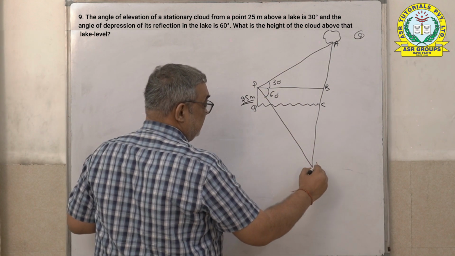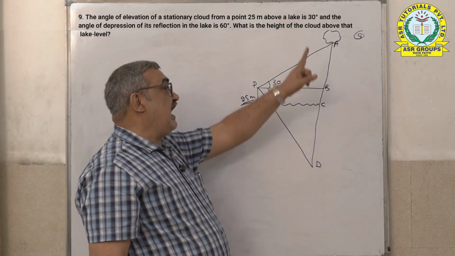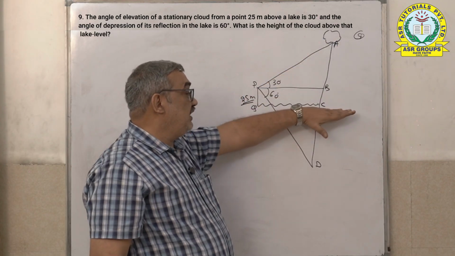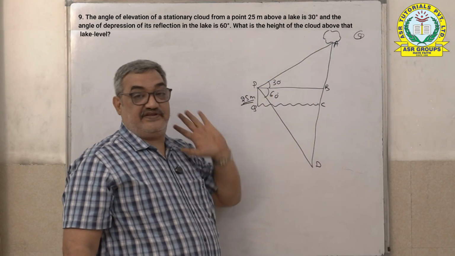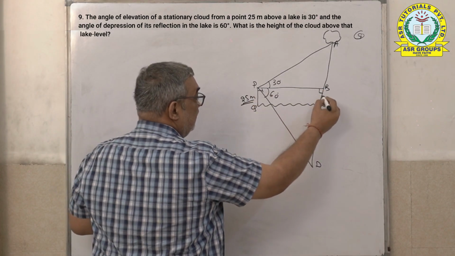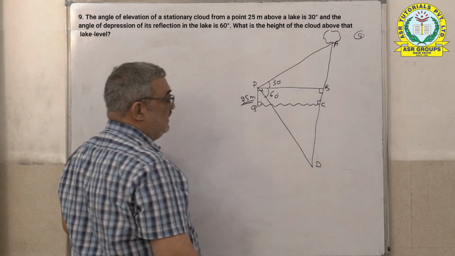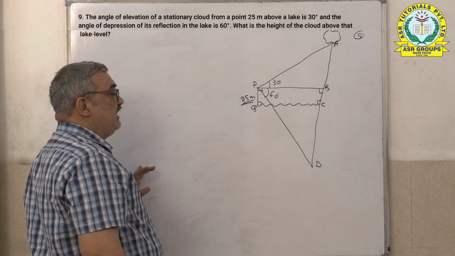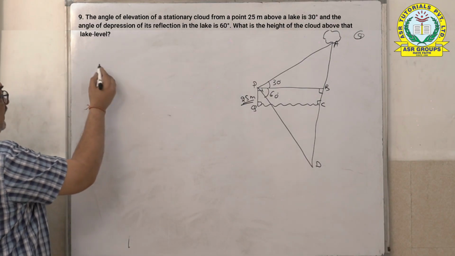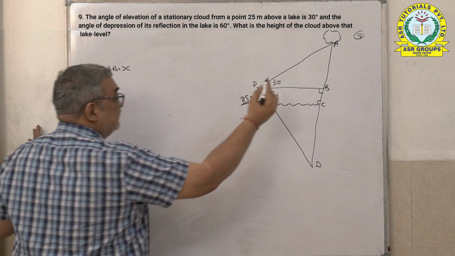This point is D. I have to find the height of the cloud above the lake, means AC. All these are 90. So PQCB is a rectangle. Let us assume AB is X.